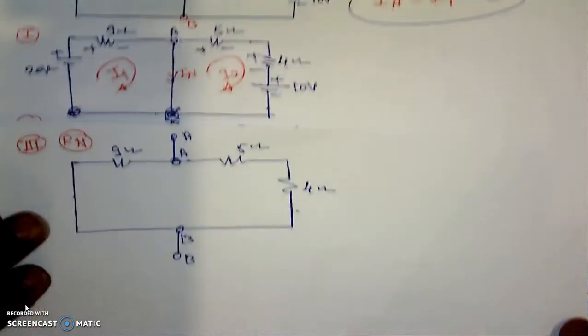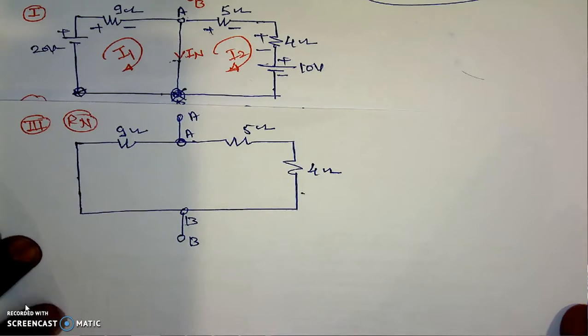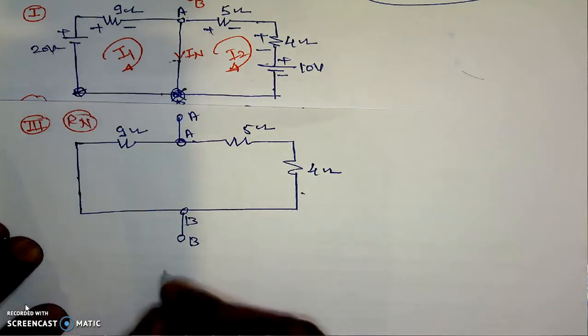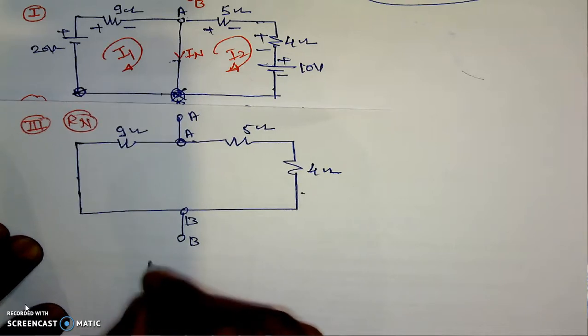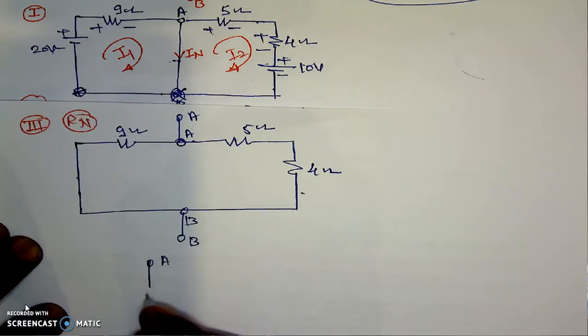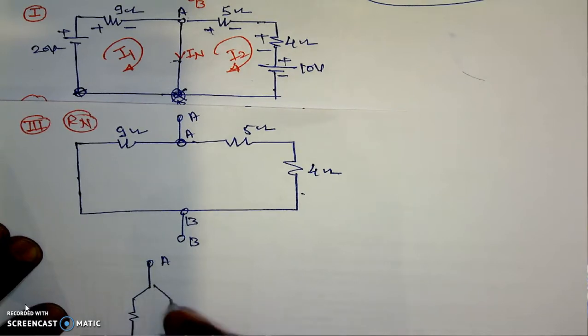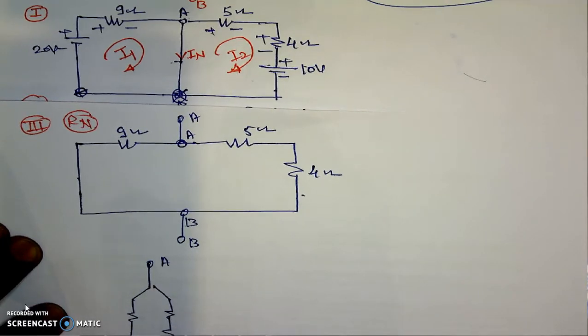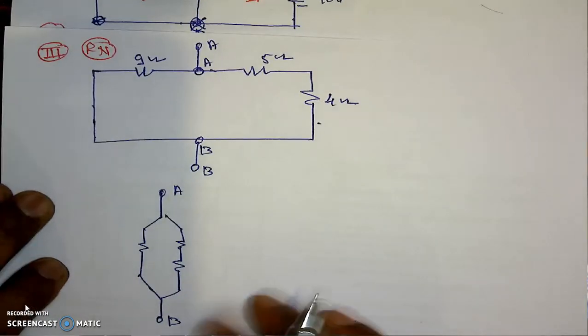If I am stretching the terminals, assuming it is made up of elastic, the figure will be something like this. Then we are in a position to find out its value.